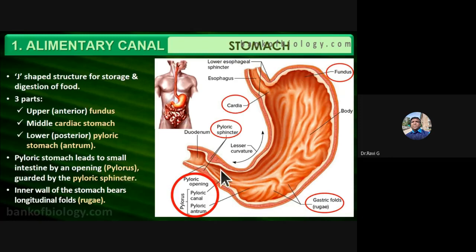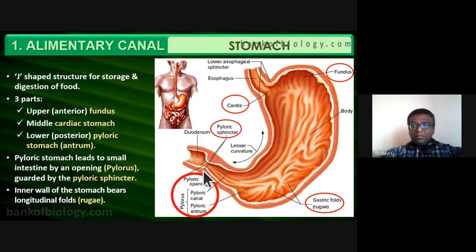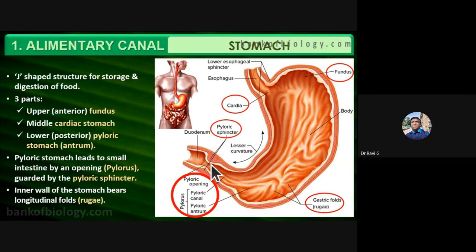The pyloric stomach leads into the small intestine by an opening called the pylorus, or the pyloric opening, which is guarded by the pyloric sphincter. The sphincter prevents the backflow of food.